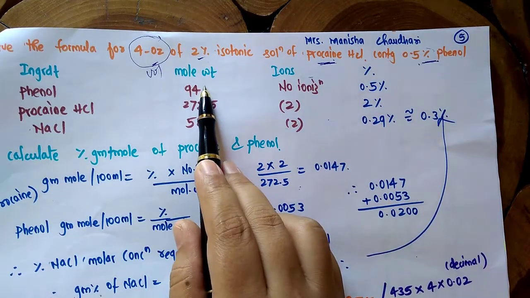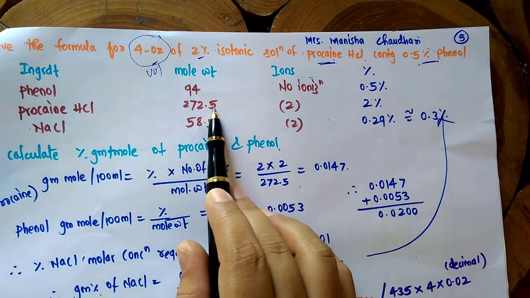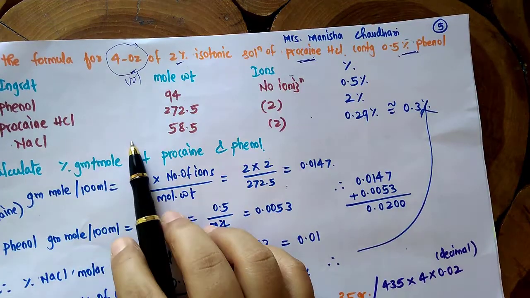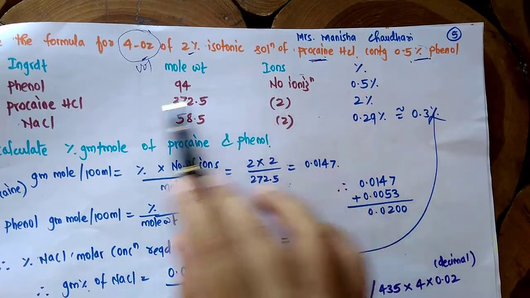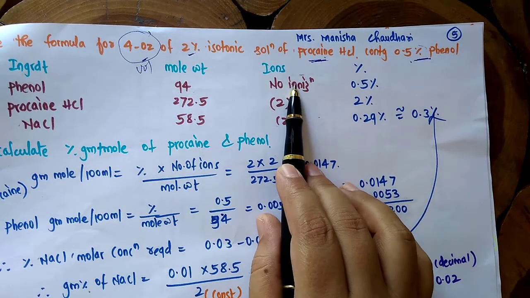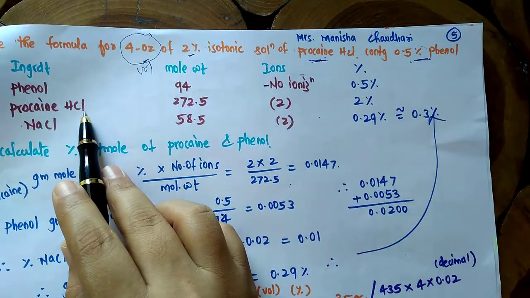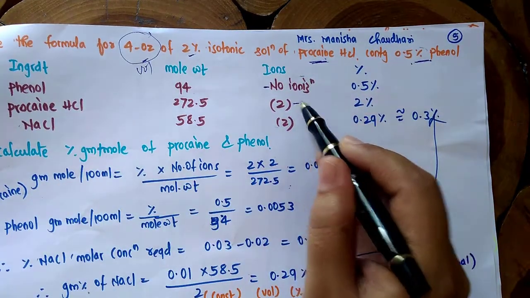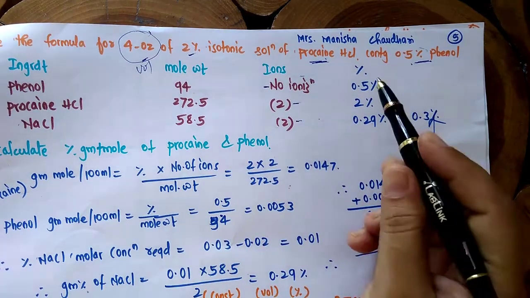The molecular weight of phenol is given, that is 94. The molecular weight of procaine is 272.5, and of NaCl is 58.5. Now phenol is non-ionizing, so ions 0. Procaine hydrochloride will dissociate into 2 ions, and NaCl again will dissociate into 2 ions.